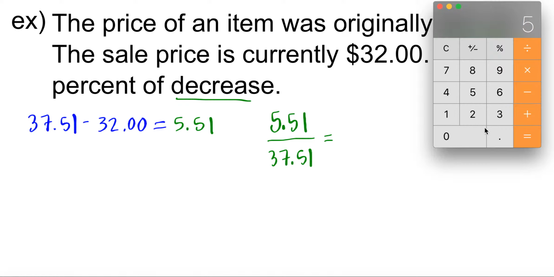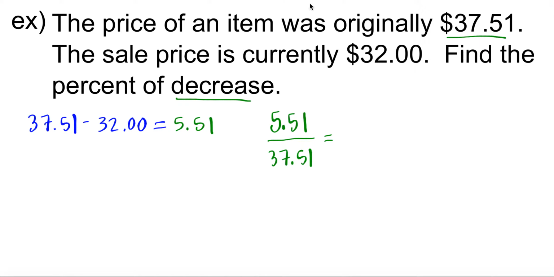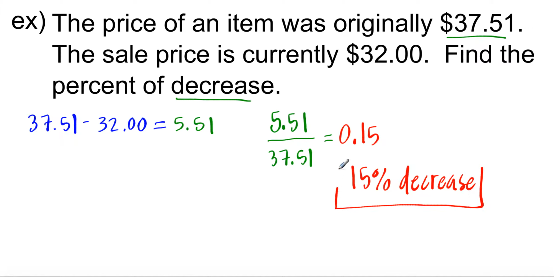Clear it out. 5.51 divided by 37.51. And that gives me a very long decimal, but let's just round it. It's 0.146. So we'll just say that 6 bumps the 4 up to a 5. And we'll make that 0.15, which would be 15%, and it's a 15% decrease because the item went on sale.